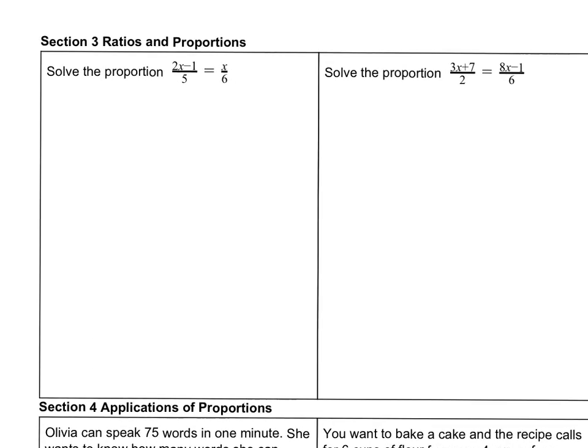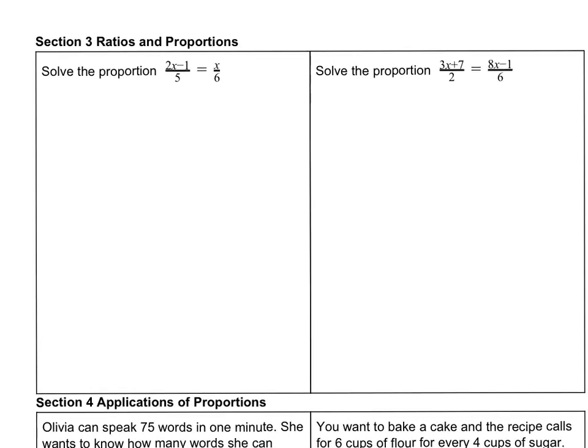So next we want to talk about ratios and proportions. So the way that we solve a proportion is by cross multiplying. So to solve (2x minus 1) over 5 equals x over 6, we cross multiply, and we get 6 times (2x minus 1) equals 5x.